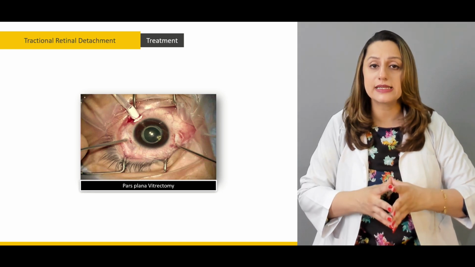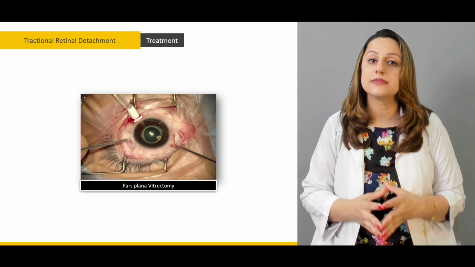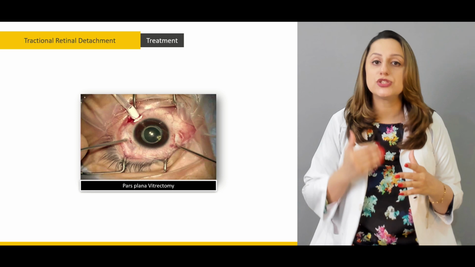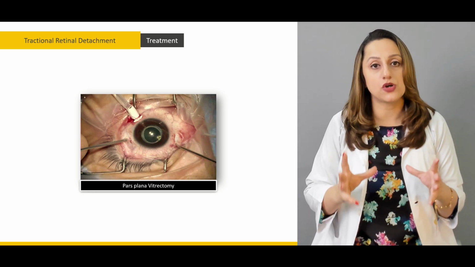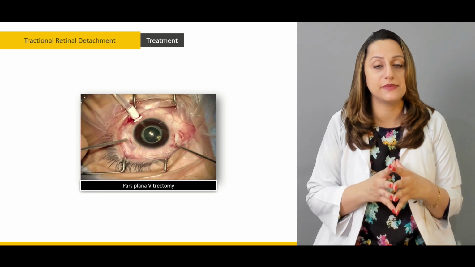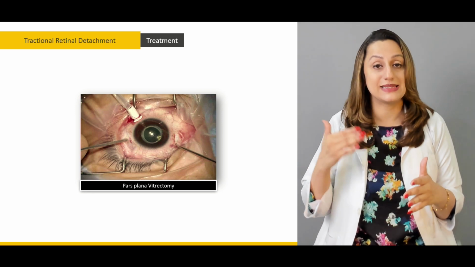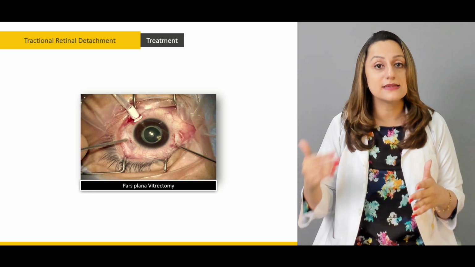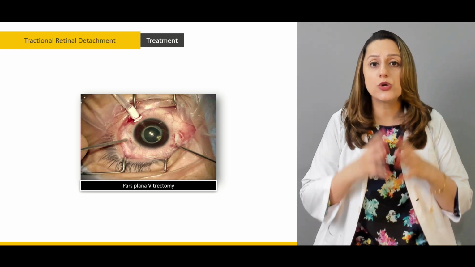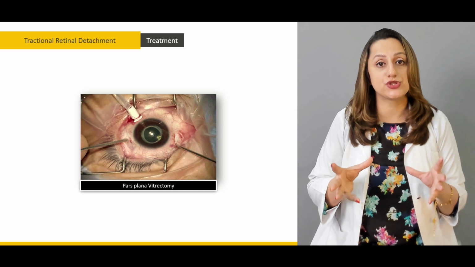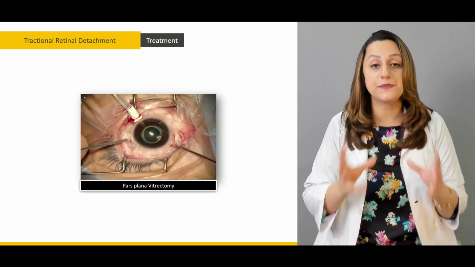So all of the techniques are usually coupled for these patients, and sometimes these tractional retinal detachments are associated with some sort of complications. For example, it can be the cataract. We can treat the complications itself. It can be the phthisis bulbi. It can be an increased intraocular pressure. So whatever the case is, or the vitreous hemorrhages. So all of these are kept in mind.